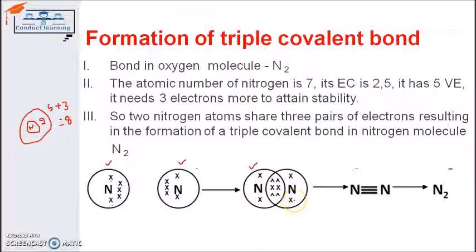It has 1 electron now, 2 electrons, third, fourth, fifth, sixth, seventh, eighth. Now it has 8 electrons in its outermost shell too. So that's why it becomes stable, and the bond formed is a triple bond between nitrogen and nitrogen. So this is how single, double and triple bonds are formed between different atoms by sharing electrons.